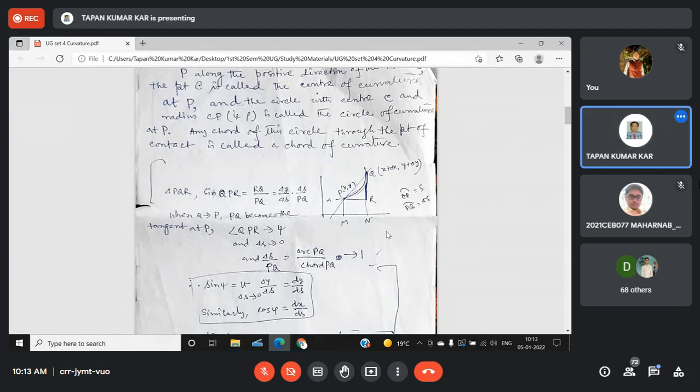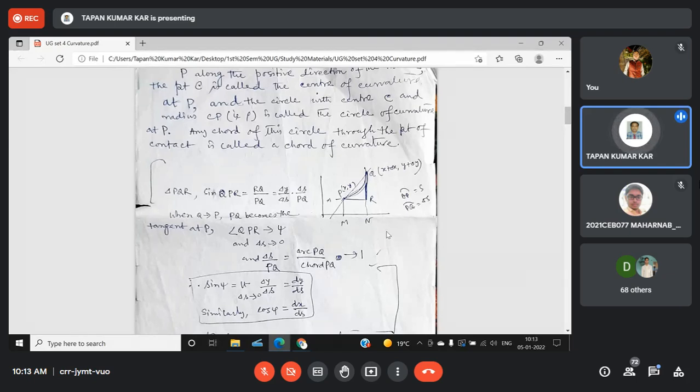Why? As I told you, if you take a very small part of a curve, or you take 2 points P and Q very close to each other on a curve, then we assume that it is almost a straight line.